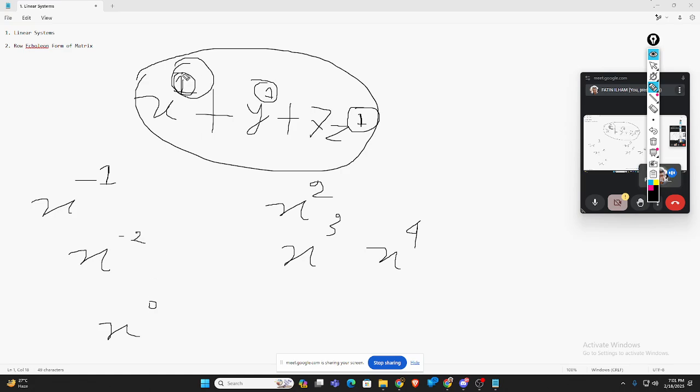It exactly has to be power 1. I mean the power of the variables must be 1 in order to be a linear system. If it is other than 1, then it's not really a linear system. That's another topic of study.